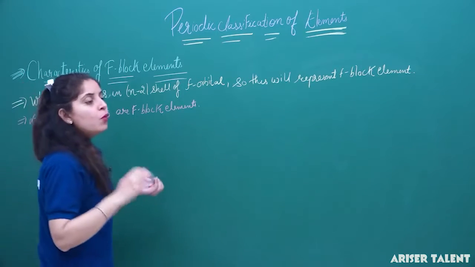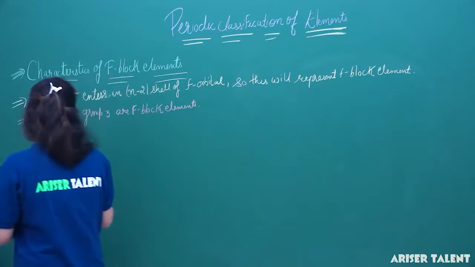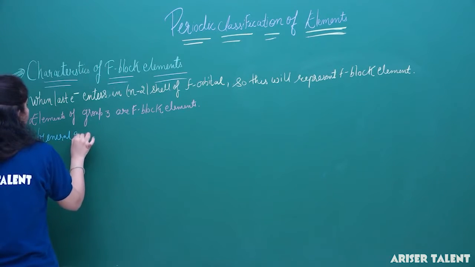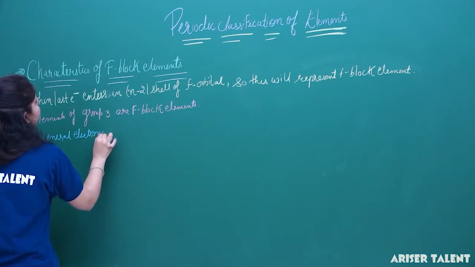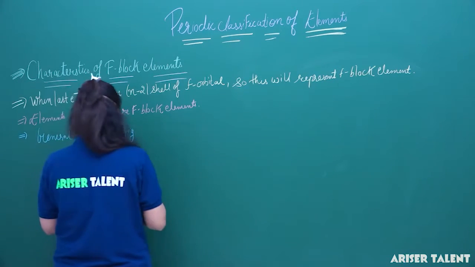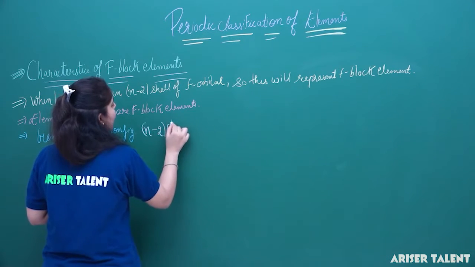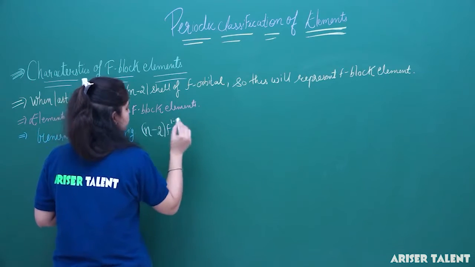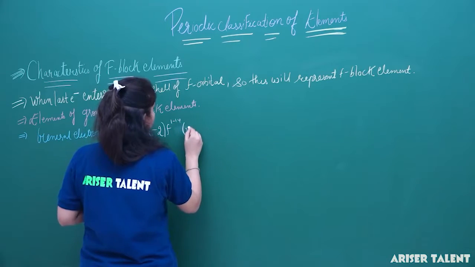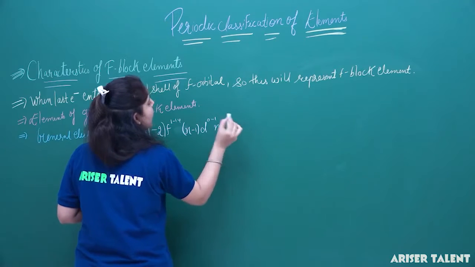Now, moving to the general electronic configuration of the F block elements. The general electronic configuration for such kind of elements will be (n-2)f 1 to 14, (n-1)d 0 to 1, and ns2.